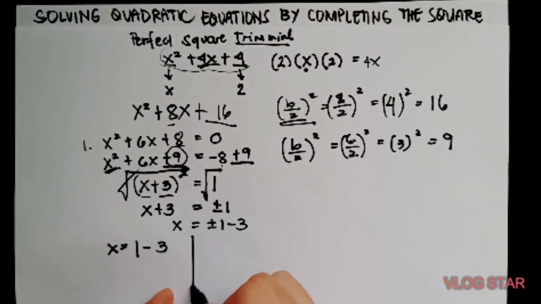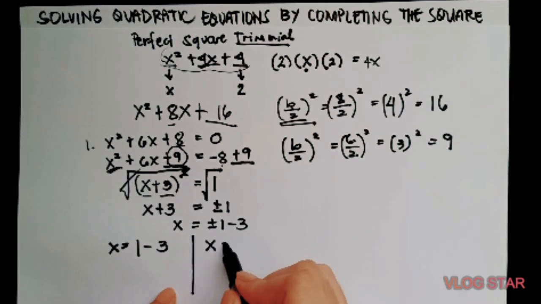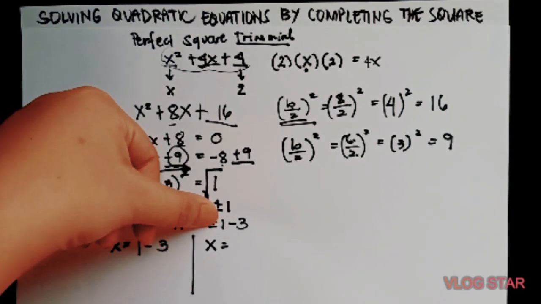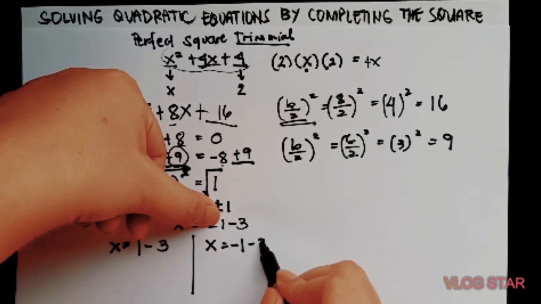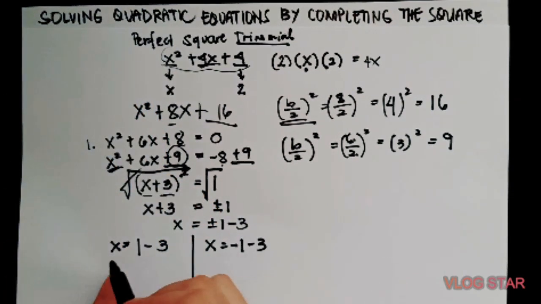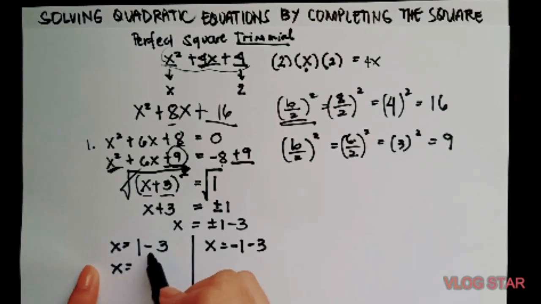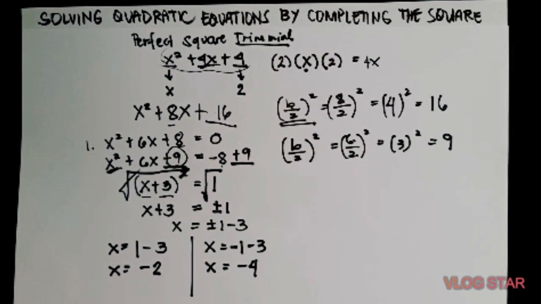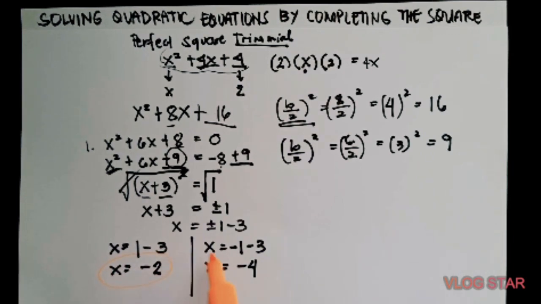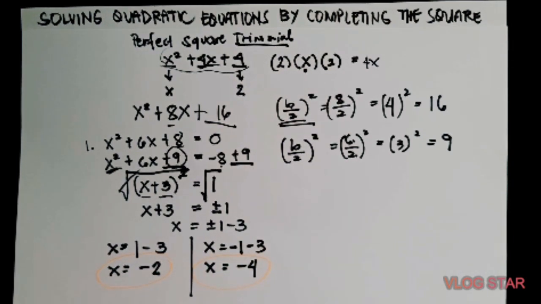And on the other side, x equals, let's take the negative 1: negative 1 minus 3. Solve for x. So x now is 1 minus 3, which is negative 2. And the other value of x is negative 1 minus 3, that is negative 4. Therefore, the values of x are negative 2 and negative 4.